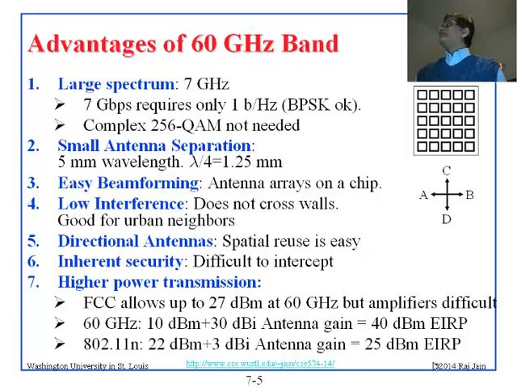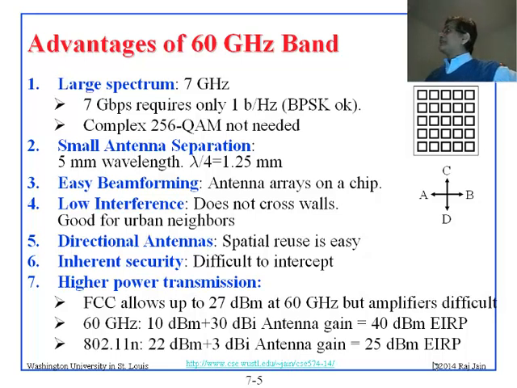And this is a very small wavelength, and therefore this cannot go around anything. If you just put your hand, it is gone. That's it. And so it does not cross walls, and it is good for urban neighbors. If you are living in an apartment complex, you can enjoy your 60 gigahertz, and they can enjoy 60 gigahertz and not see each other.